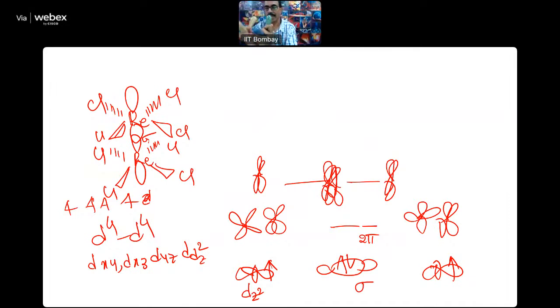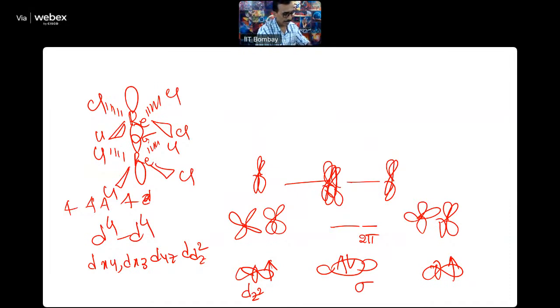Then what is left is dxy. Now if you move the rheniums towards each other, they will be overlapping like this. This you never heard of. It will not come across in p block elements or any other. This is called a delta bond. So the delta bond, xy, will be like this. They'll be overlapping.